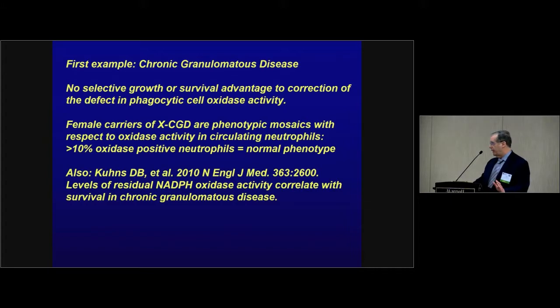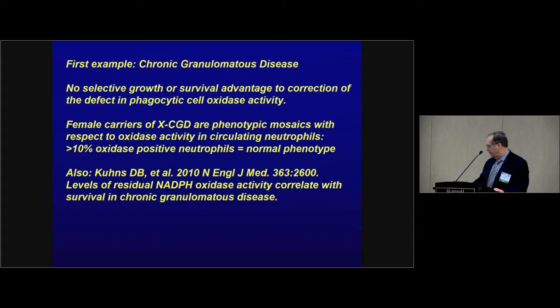We know that because female carriers are phenotypic mosaics, and whatever they are in childhood, 10% normal, 90% abnormal, or 90% normal, 10% abnormal, they hold that for life. When they get in their 60s and 70s, sometimes there's some drift one way or the other, but mostly this is pretty stable. So it says having oxidase normal neutrophils and monocytes doesn't at all influence lifelong survival of the stem cells that are working off one or another X chromosome.